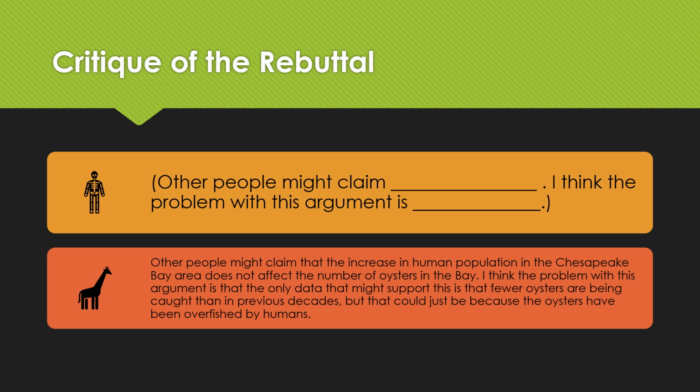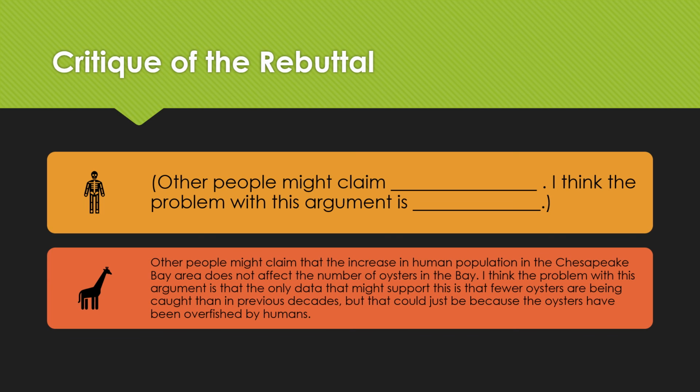So the critique of the rebuttal sounds like this. Other people might claim that the increase in human population in the Chesapeake Bay area does not affect the number of oysters in the bay. I think the problem with this argument is that the only data that might support this is that fewer oysters are being caught than in previous decades, but that could just be because the oysters have been overfished by humans already.